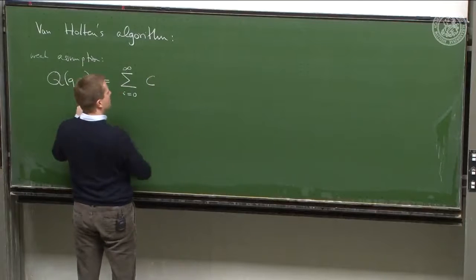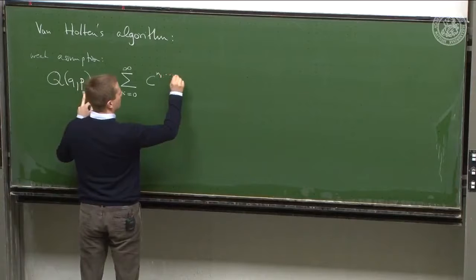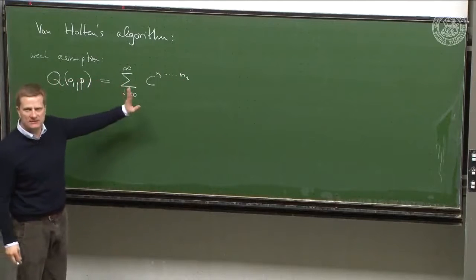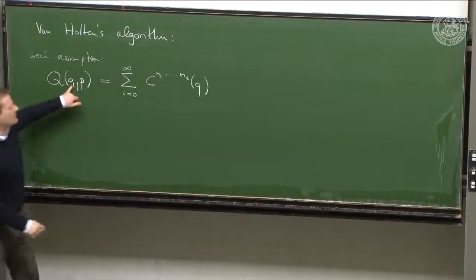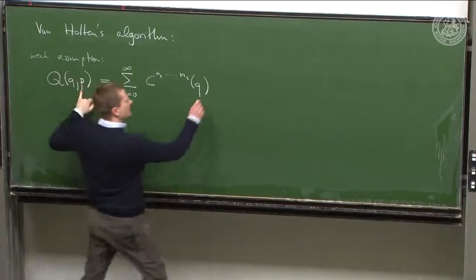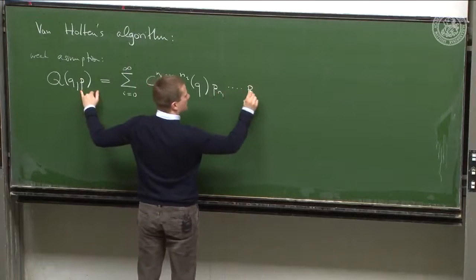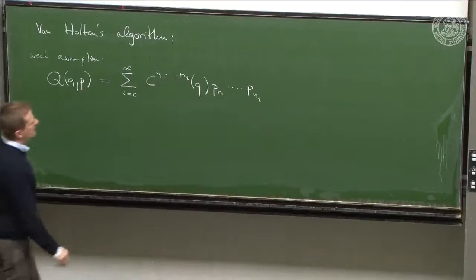So you have coefficients C, capital C, with indices n1 up to ni, so it may carry no index, of coefficients that depend only on the position q, because we're still in the setting where the symplectic manifold is the cotangent bundle of some capital Q. And here you have the p's, P_n1 up to P_ni. Okay?